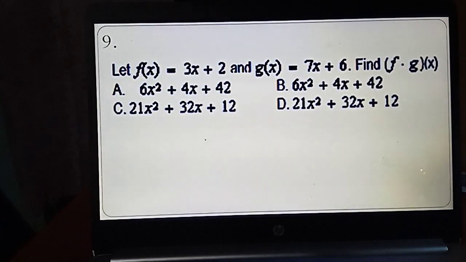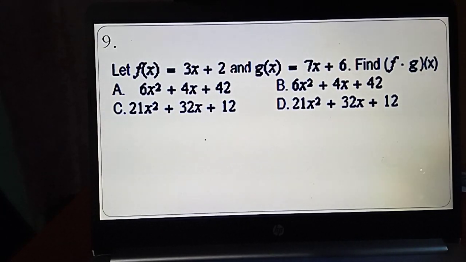Okay. By the FOIL method, we have the first: 3x times 7x equals 21x squared. Then outside is 3x times 6, which is 18x. Then inside, 2 times 7x is 14x.